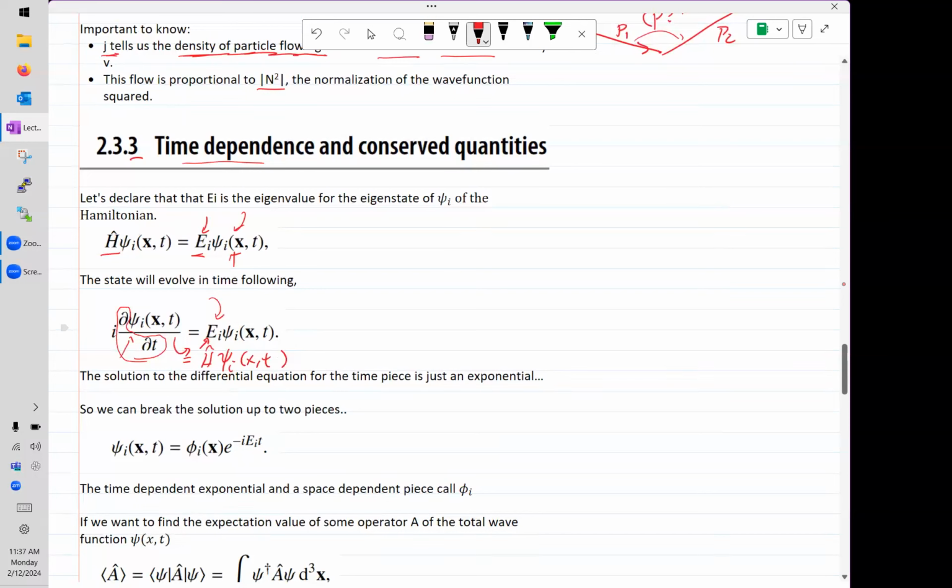Let's say initially the state has 10 MeV energy. When you act on it with the Hamiltonian, it will give you 10 MeV as the eigenvalue.